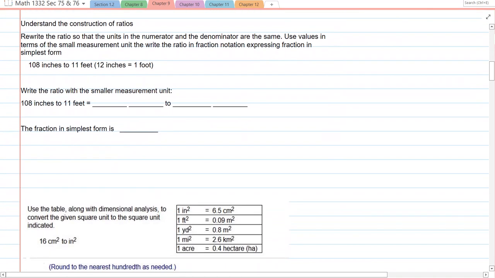So let's talk of something called ratios, understanding the ratio concept. We'll be using this more in chapter 10 than we are in chapter 9. But we introduce it here because of the reference to unit fractions.